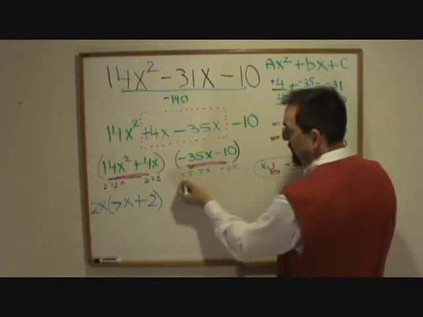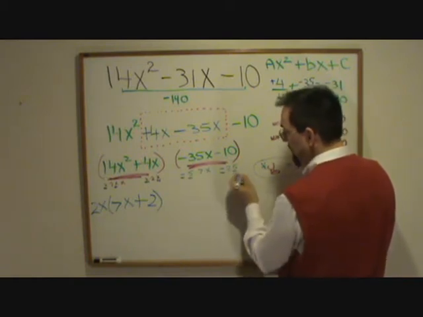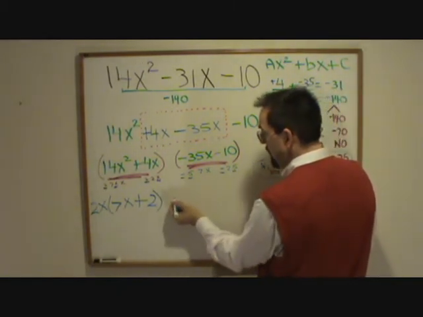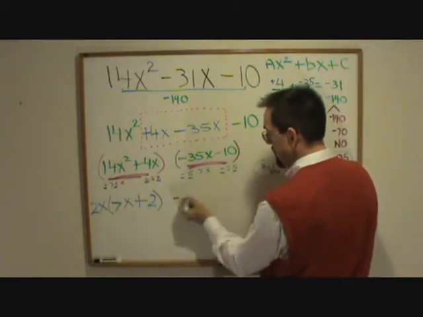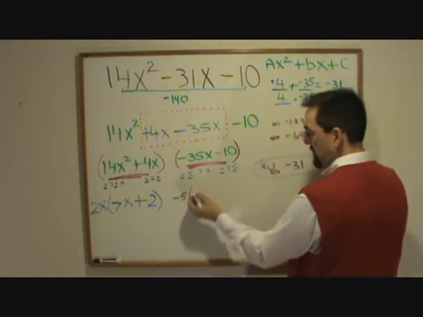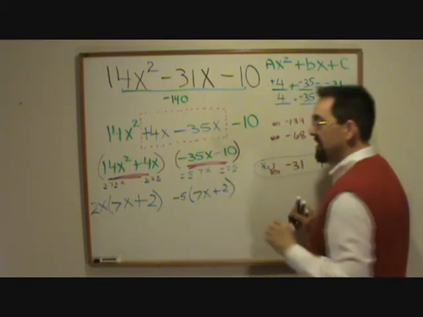So what's common here? The minus is common. The 5 is common. Very nice. Let's pull them out. I can pull out the minus and the 5. And what's left? A 7x and a positive 2. Good.